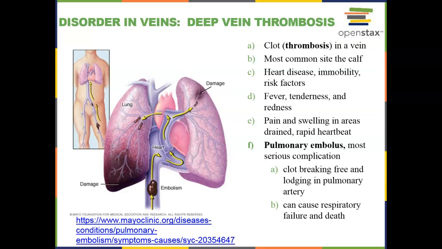And an embolus can then move into our pulmonary system or into our carotid arteries, and it can lead to respiratory failure if it's in the pulmonary arteries. It can lead to a stroke if it moves into our brain or into the carotid arteries, and that can lead to death.